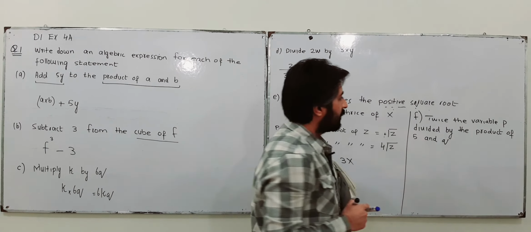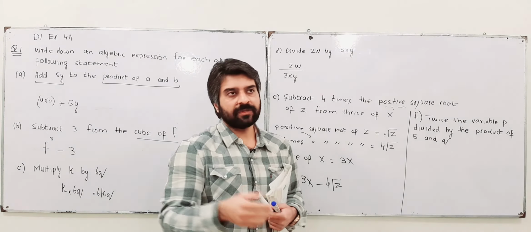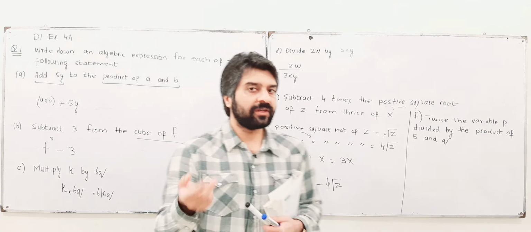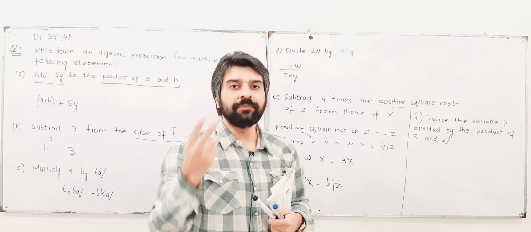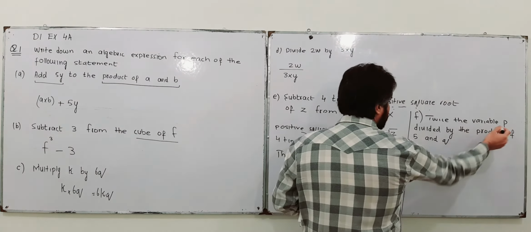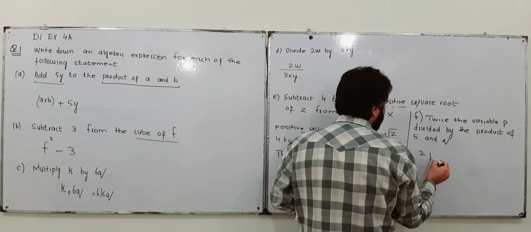Try to understand the statement: twice the variable p is 2 times p.